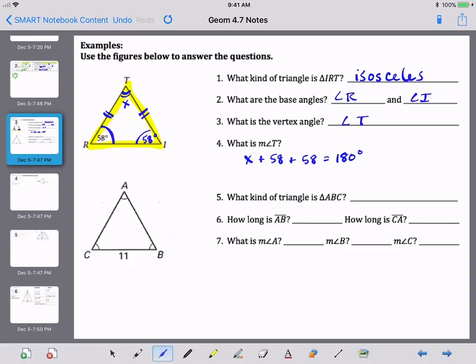So if you combine your like terms there, that would end up being 116. So x plus 116 equals 180. And if you go ahead and solve that for x, you're going to end up with 64 degrees. So angle x, or angle T in this case, is 64.